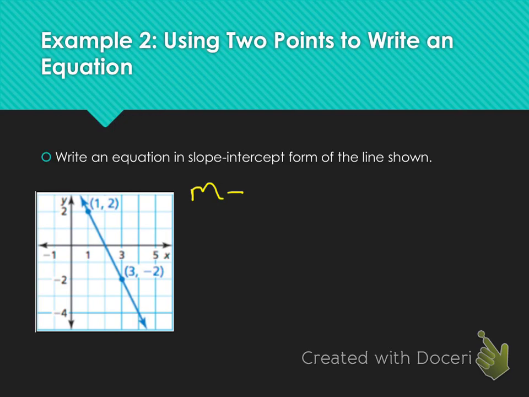So our slope is going to be equal to, let's say that this is my 1s, these are my 2s. So I've got negative 2 minus 2, change in y's, over my change in x's, 3 minus 1. So I get negative 2 minus 2, which is negative 4, over 3 minus 1, which is 2, which gives me a slope of negative 2.